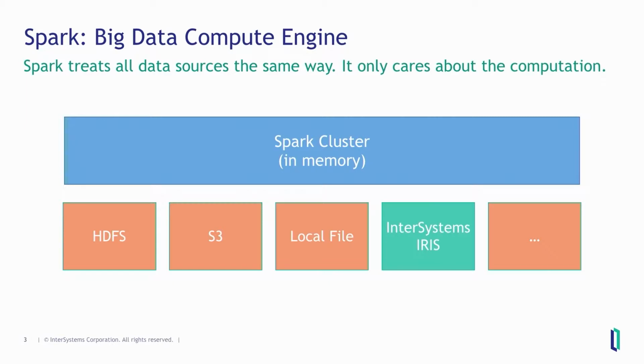So first, Spark is a big data compute engine. Spark is about processing data. It's not about storing data. So Spark doesn't care where the data comes from. It can come from Hadoop, it can come from a big CSV file, it can come from IRIS.